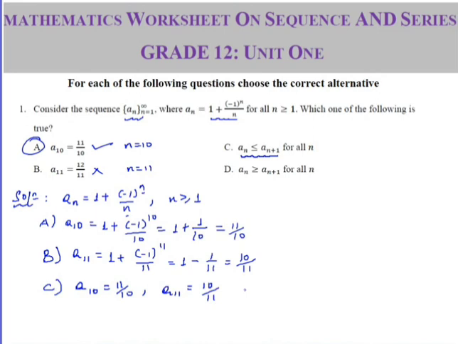This means the nth term, or the 10th term, is less than or equal to the 11th term. According to the statement in C, which is false, because a10 is 11 over 10 and a11 is 10 over 11, so this does not hold. Okay, similarly D is also false, and we can check by taking different terms. So our answer will be A.